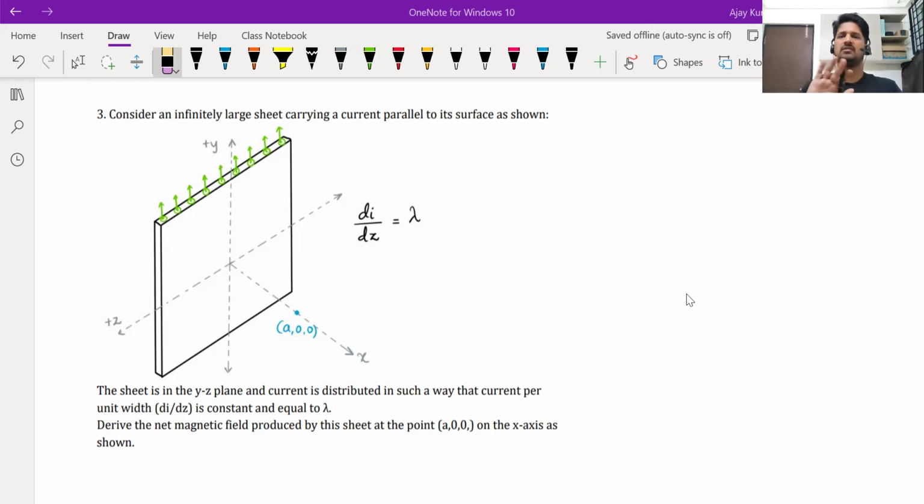In the last two questions, it was a cylindrical surface, a curved surface. Here it's a straight surface. That's all. What can be done? Take a single line of current. Consider one stream of current, maybe this one. Just a moment, let me highlight that.